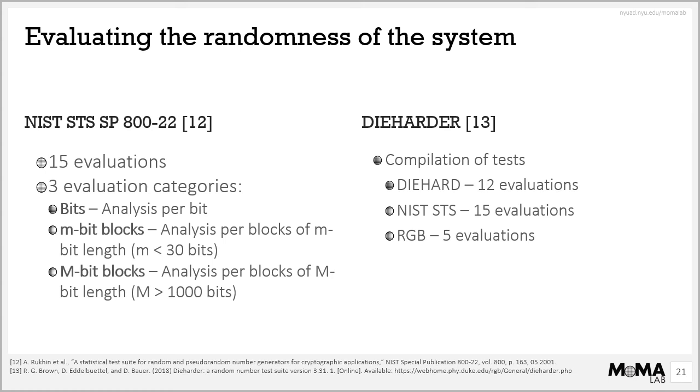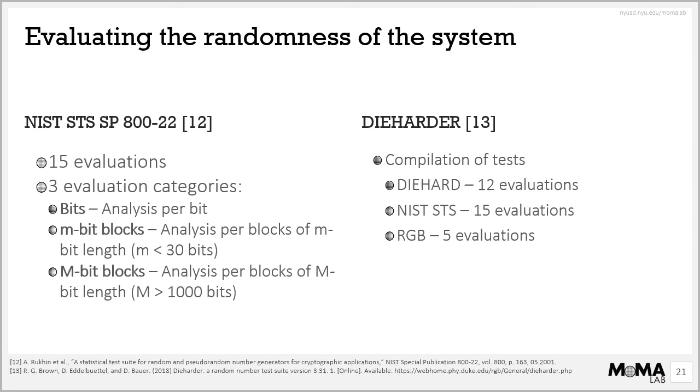The tests either evaluate the randomness of the sample per bit or per blocks of bits. And this is why we can categorize these evaluations in 3 different groups. These groups are made according to the type of statistic test and the size of the analyzed sequences. So we have bits, which analyze the randomness of the sample per bit.